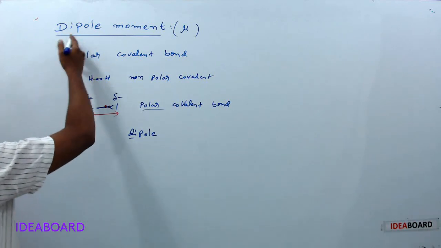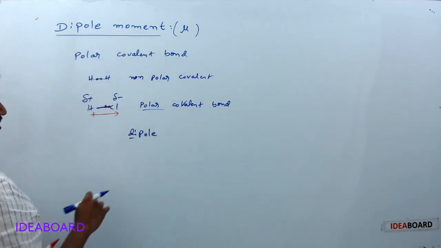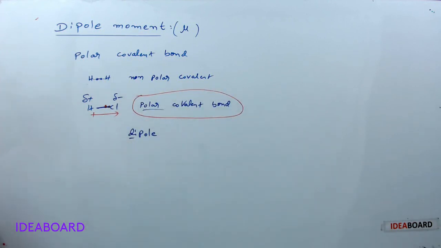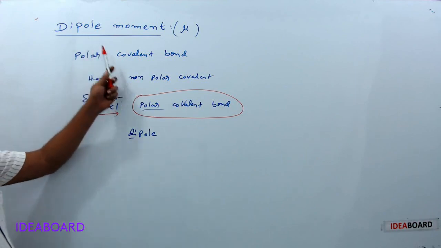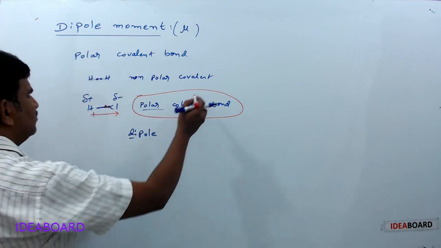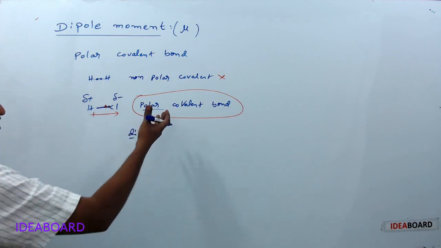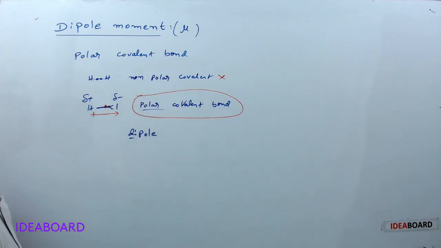What is the dipole moment? It is mainly observed in compounds containing polar covalent bonds. Dipole moment is meant for polar covalent compounds, not for non-polar compounds. For non-polar compounds, the dipole moment is zero.